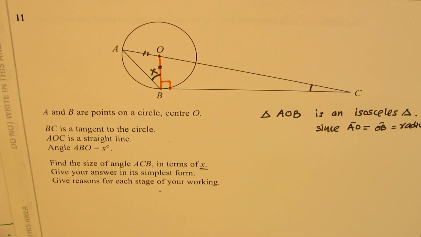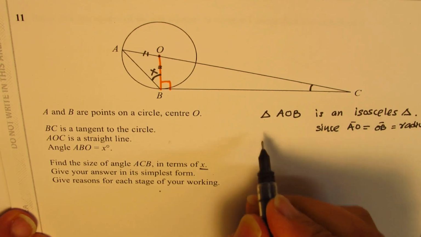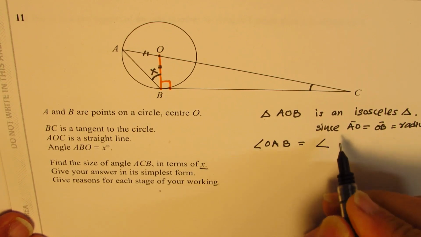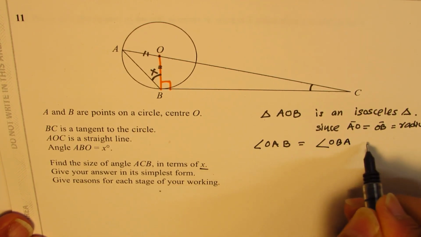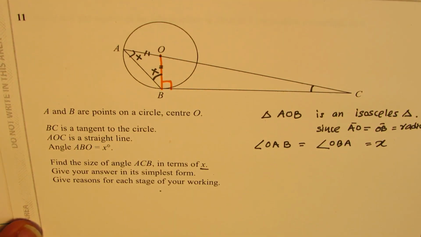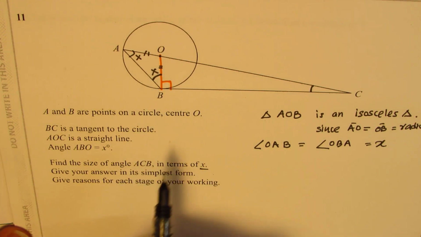So if this is an isosceles triangle, in that case the angle OAB should be equal to the angle OBA, which is x. So this angle is also x for us, right? Okay. Now these two angles are x for us.